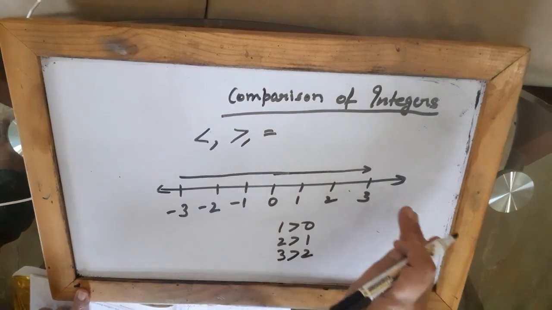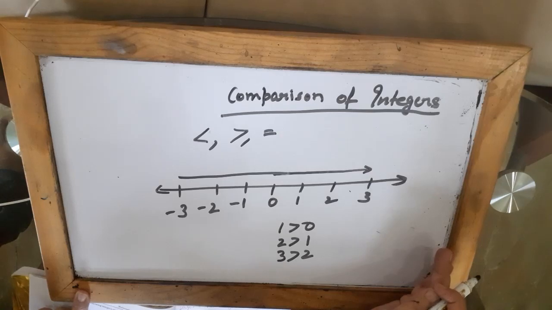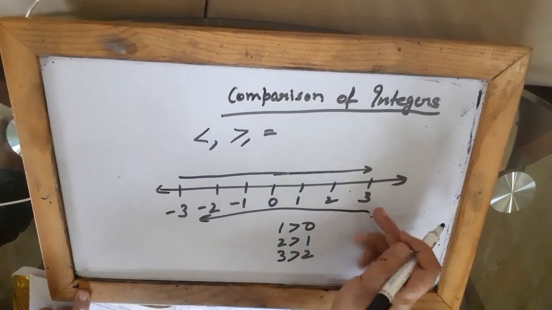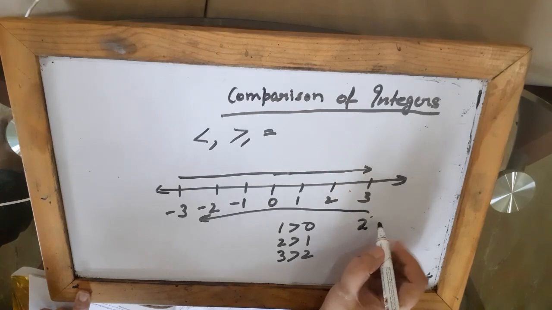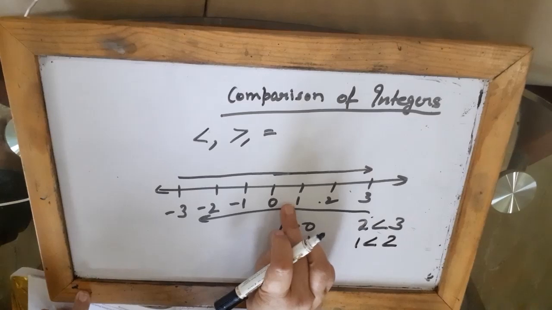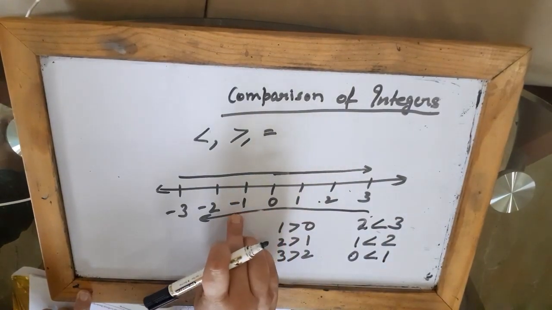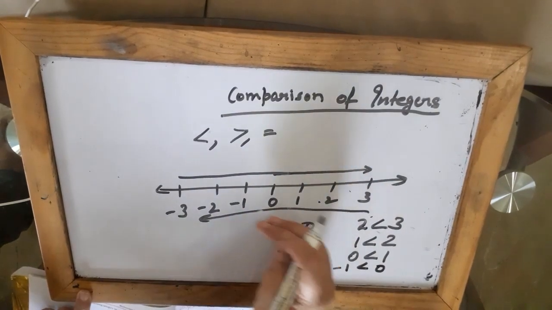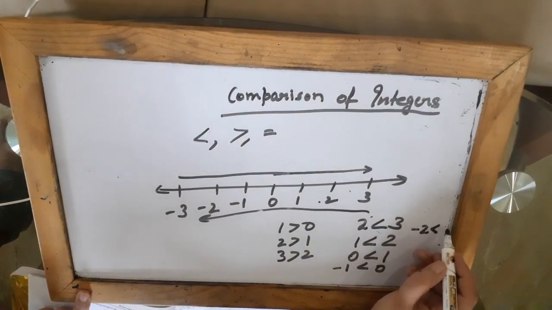So as you go to the right side, the numbers are becoming greater. But if you move to the left side, I will know that 2 is smaller than 3, 1 is smaller than 2, 0 is smaller than 1. So now I move to the negative integers. Minus 1 is smaller than 0. I'm going to the left side. I'll say minus 2 is smaller than minus 1.